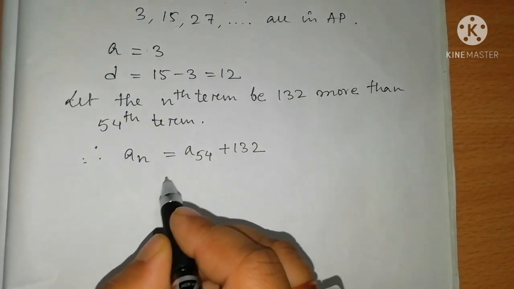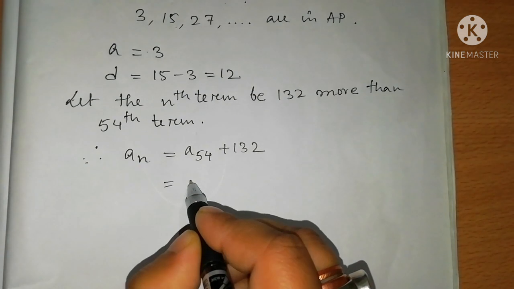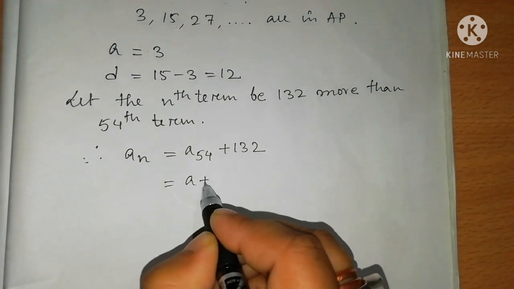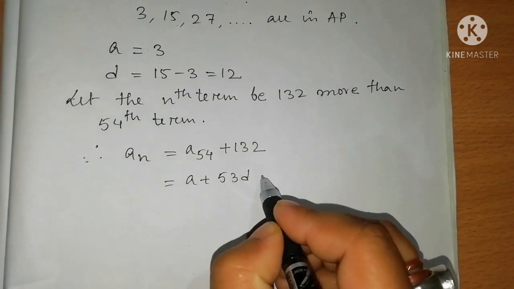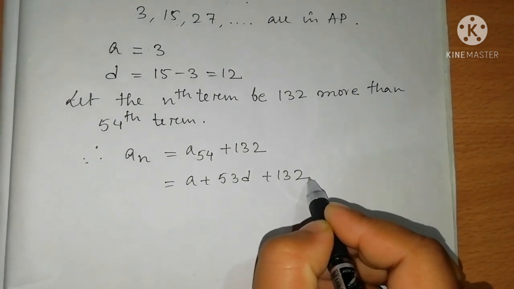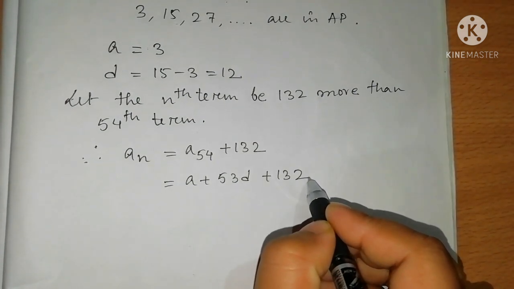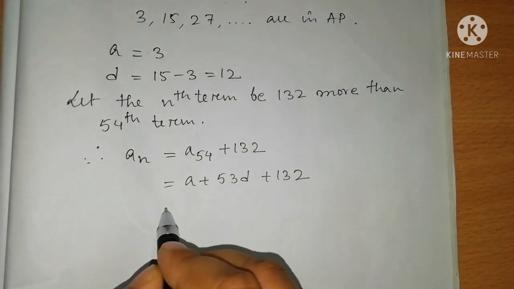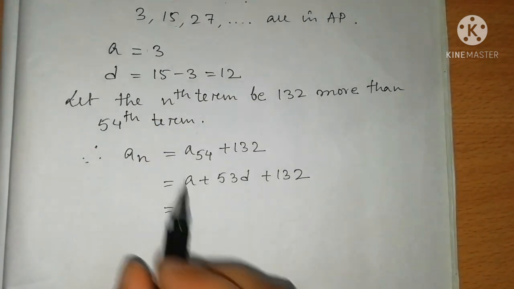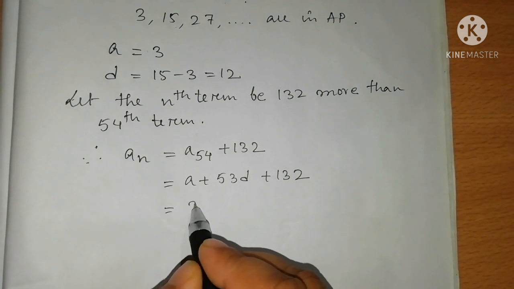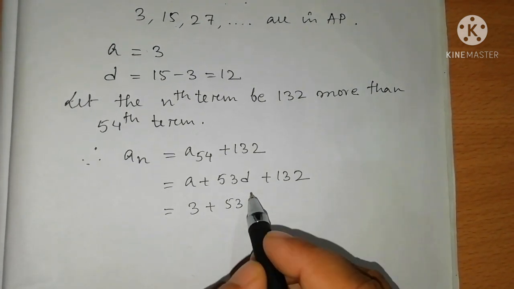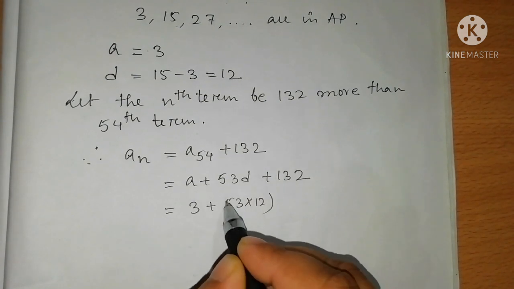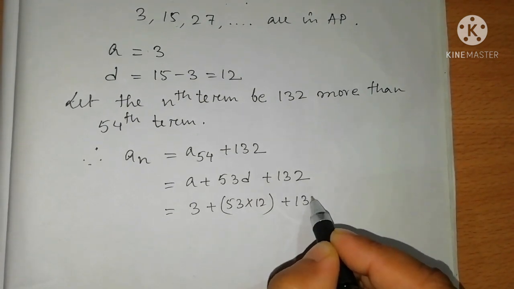So a_54 we can write as a plus 53d, plus 132. a is given to us as 3, plus 53 into d, that means into 12, plus 132.